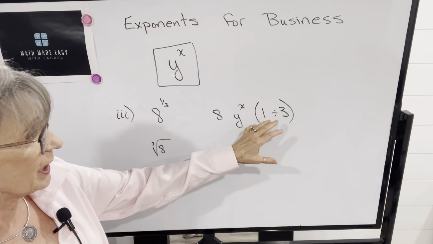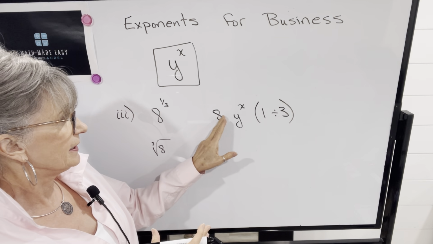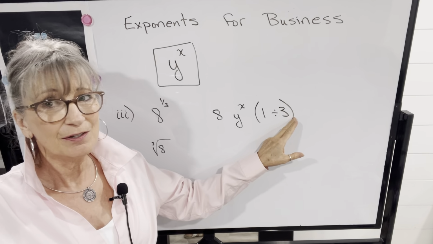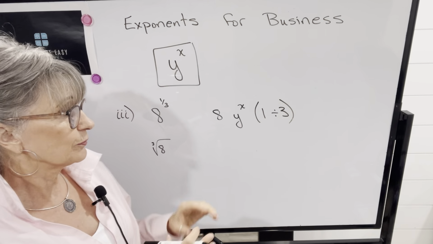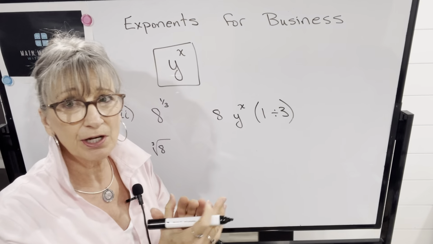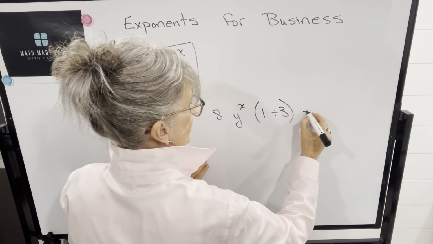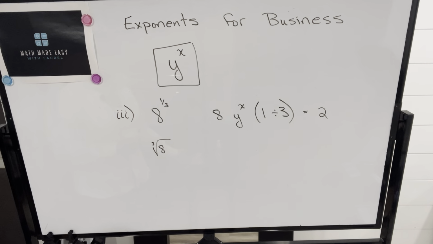If you don't use the brackets, it will be wrong, because what your business calculator will do, it will take 8, raise it to the power of 1, and then take 8 and divide by 3. That's not what we want. We want to raise 8 to the power of 1 divided by 3. So we are using brackets to force your calculator to do the division and then the exponent. And we should get a value of 2. So just try that on your calculator.